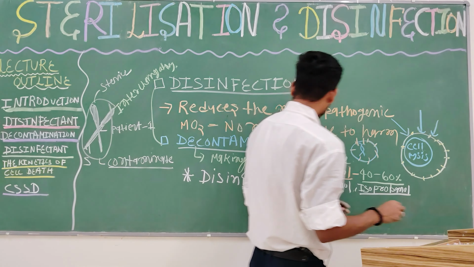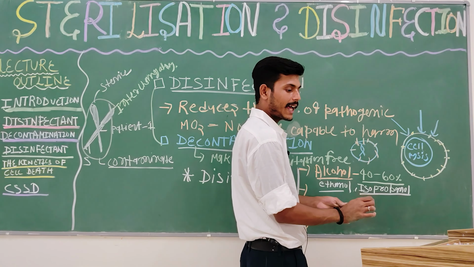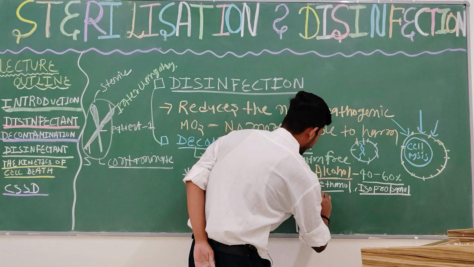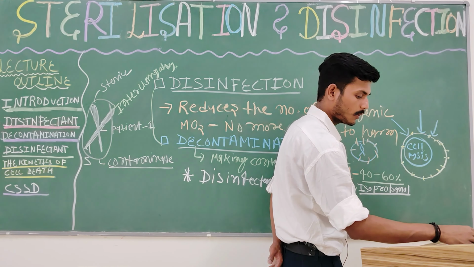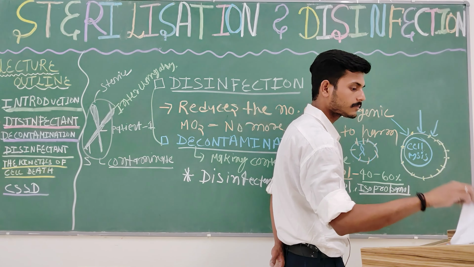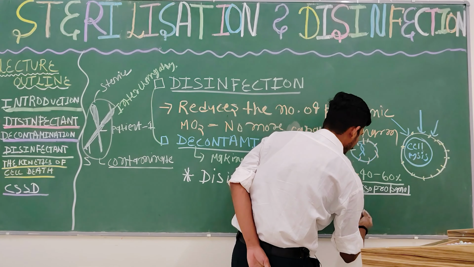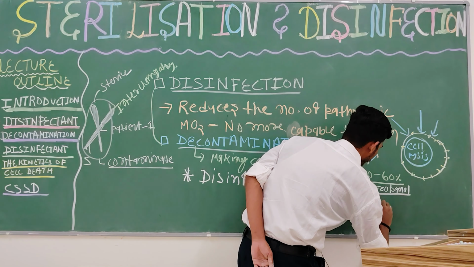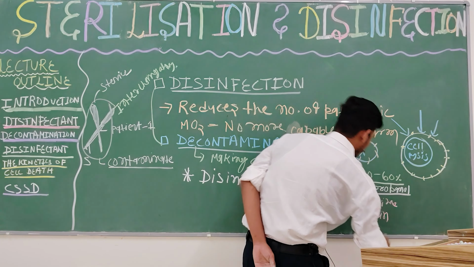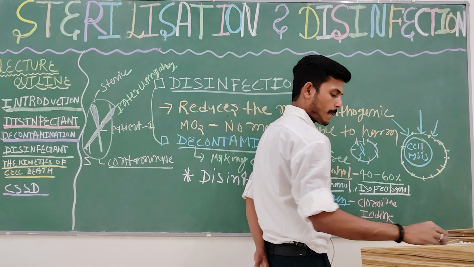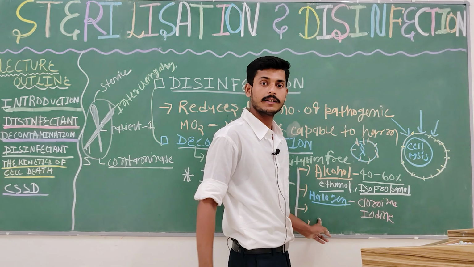Another category of disinfectant is based on the halogens. You know that in the halogens there are different elements. One of them is chlorine. Chlorine and iodine are basically used. Another category of disinfectant is the phenols.